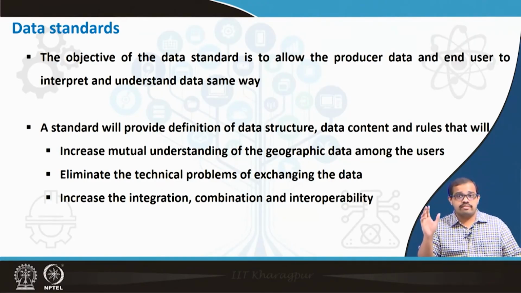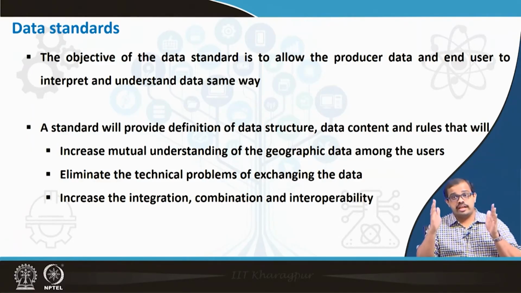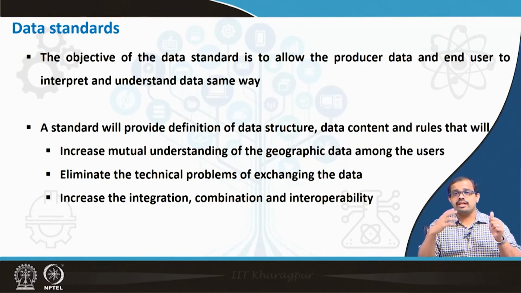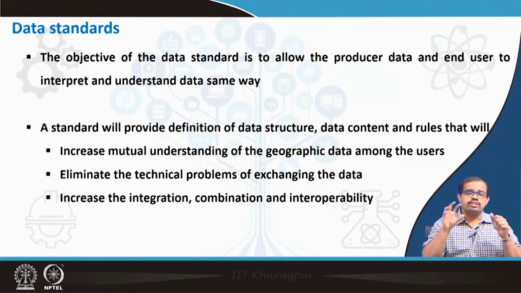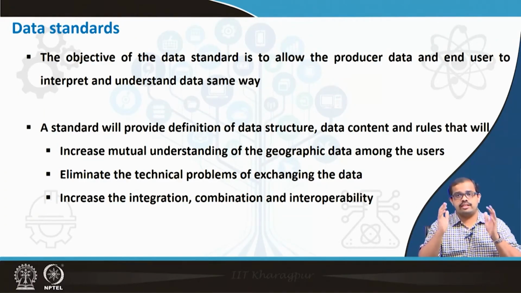Now, when you look at a standard, a standard will provide a definition for a data structure. So, it is defining the structure of the data, how the data has to be stored, then the data content, what the data contains, and the rules. The first thing is to increase mutual understanding of geographic data among users. There may be different users, so the mutual understanding of each piece of geographic information present in that particular data set will be shared by different users.